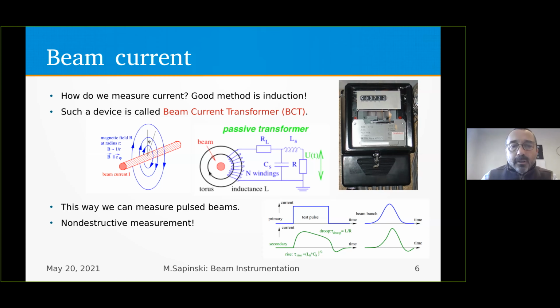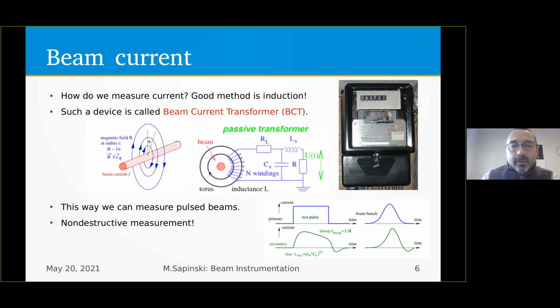And then there is a direct current transformer. I will not go into the details, but in principle, you can put two toruses, compensate the effect, and measure direct current. However, the sensitivity here is quite coarse, it's 100 microamps. So this is a non-destructive, very popular way to measure beam current.